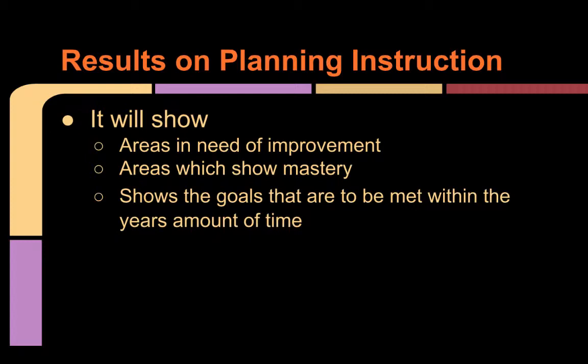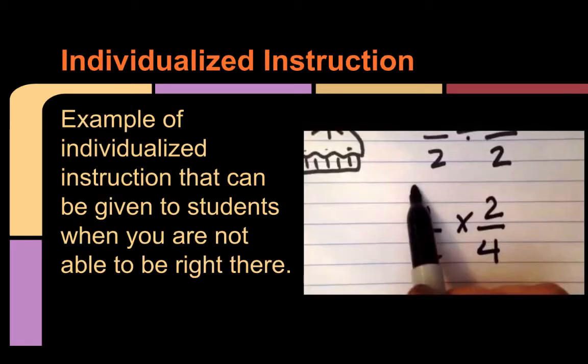The data sheets that you make will show you, like I said, the areas that are in need of improvement, a student's level of mastery within each place, and it will show the goals that need to be met within one year's amount of time from the end of the year or when the Bergantz was given.